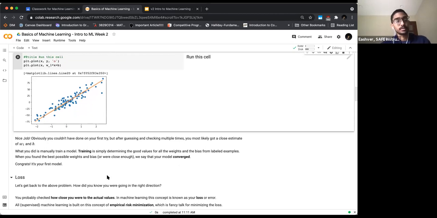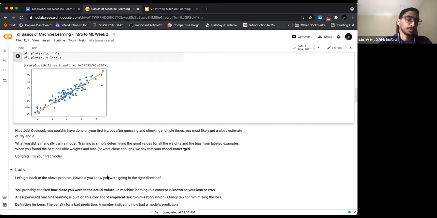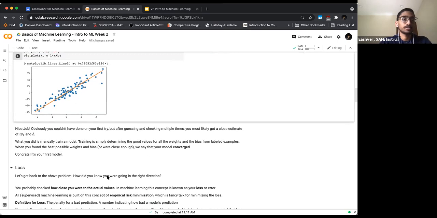That's what you were doing in your head as you were training these models. You were trying to minimize your loss. That's a concept that all machine learning is based on. It's called empirical risk minimization, which is essentially fancy talk for minimizing your error.